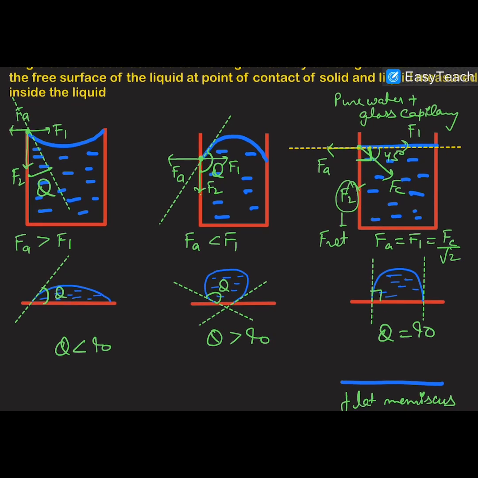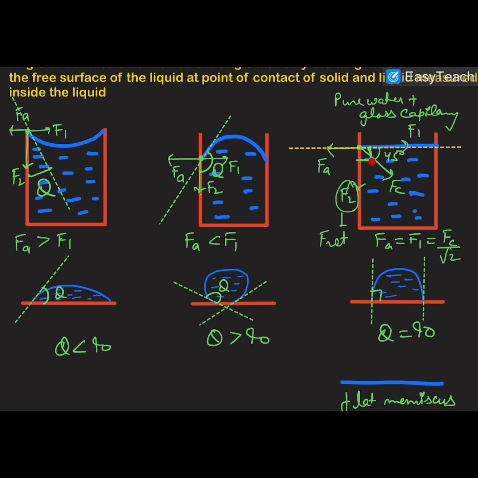But if we take another situation in which we see that the net cohesive force is applied by the molecules which are in a greater span. These molecules were in the span of 45 degree and these molecules are in a span of angle which is greater than 90 degree.